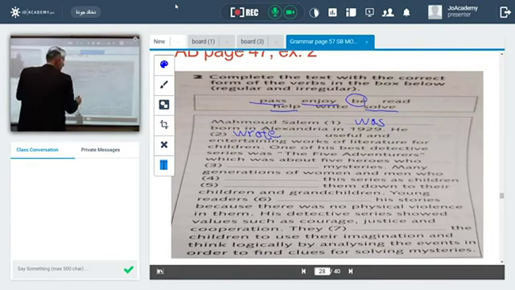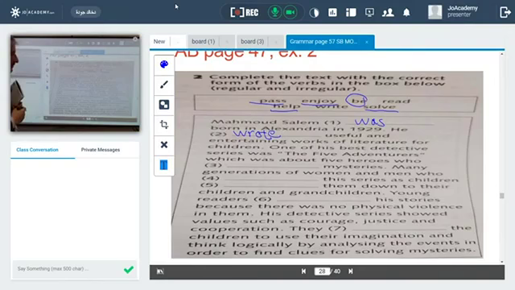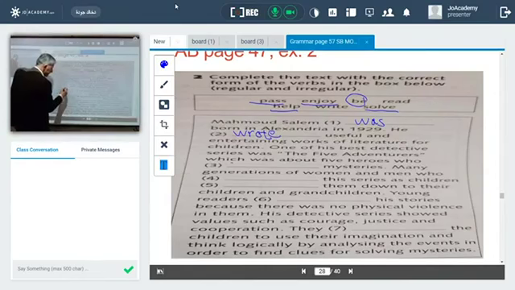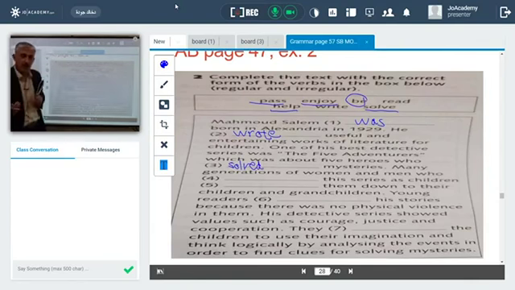blank mysteries. Who what? Who, of course, solved. Solved means حلوا الميستريز اللي هي الأشياء الغامضة.